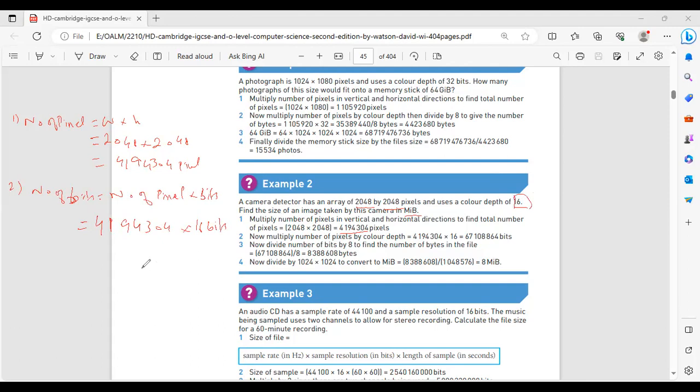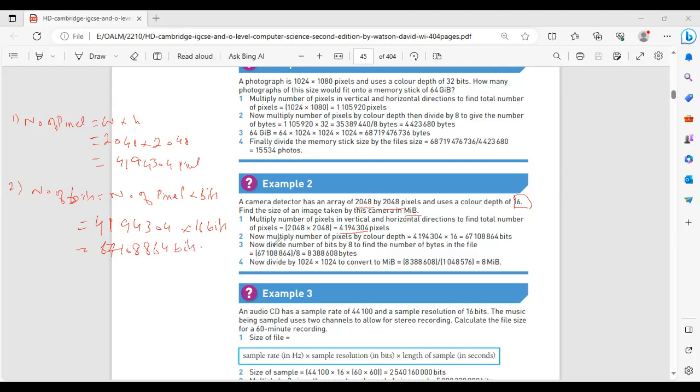So basically you will get the number of bits, which is 67108864 bits.